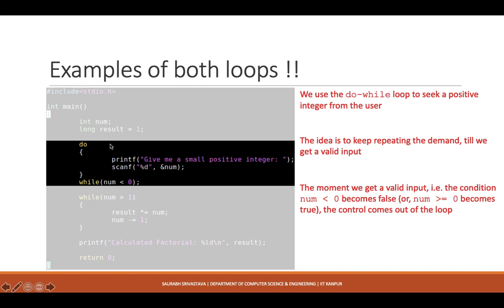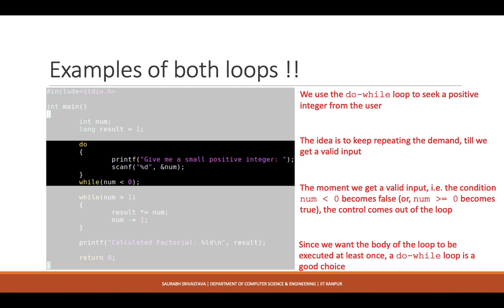This loop will continue till num is less than 0, and num is something that the user is entering. As long as the user keeps on entering a negative number, I'll keep on bugging the user. The moment the user gives me a positive integer greater than or equal to 0, I'll come out of this loop. So now you can see why I used a do while loop here.